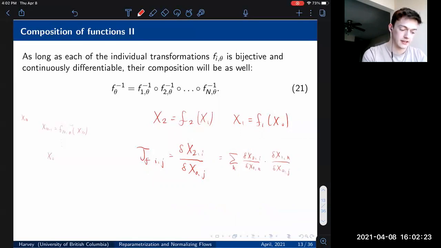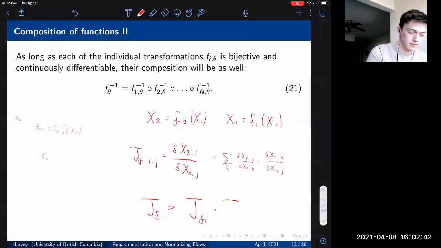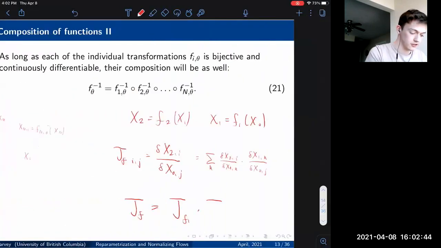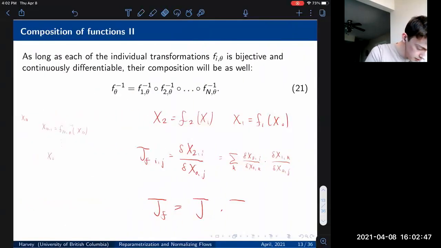Essentially, this is something that we can get just by doing matrix multiplication of the Jacobians. I'm going to write this down now. We can say JF is equal to JF2 dotted with JF1.